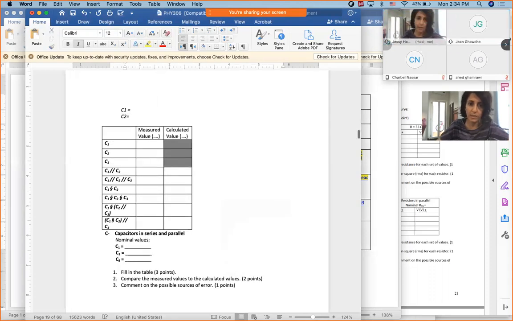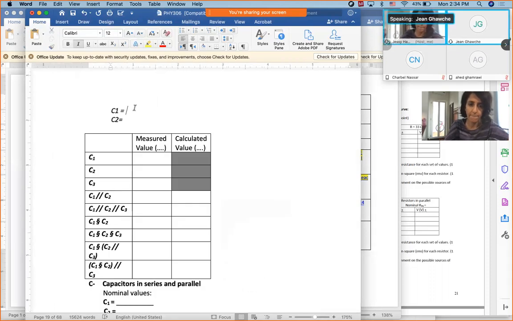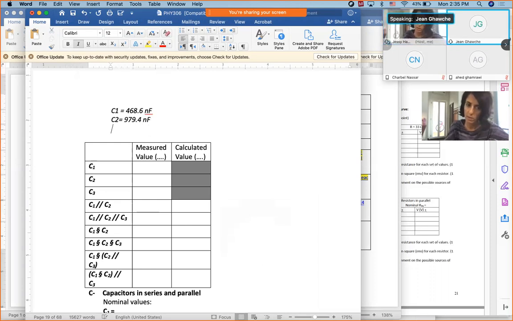Give me your different values. Okay, so I had C1, 468.6 nanofarad, C2, 979.4 nanofarad, C3, it was 1.87 microfarad.